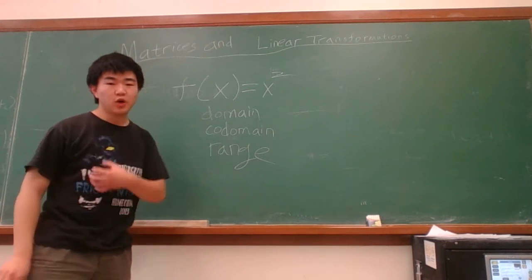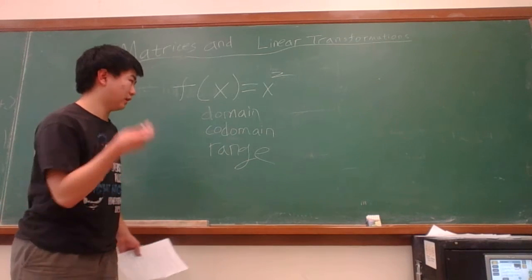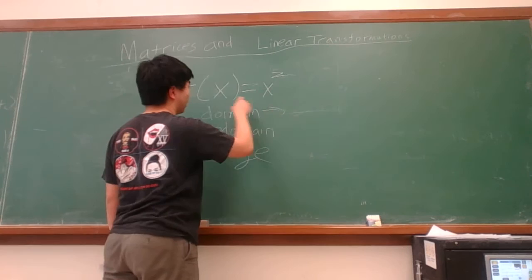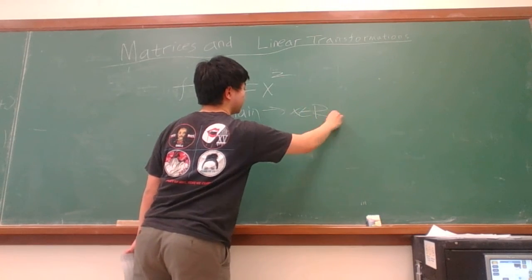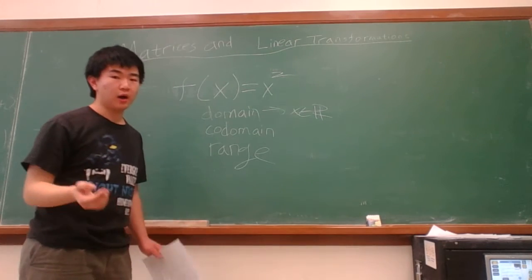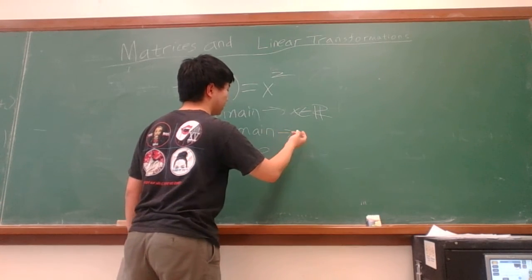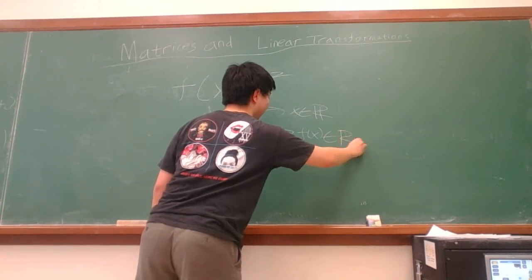The domain is what the function can take in such that it works, what can actually be put into this function. So in this case, it's all reals, and that's the notation we're going to be using. It just means x is a real number, and then this codomain is also all reals. It's a real valued function.